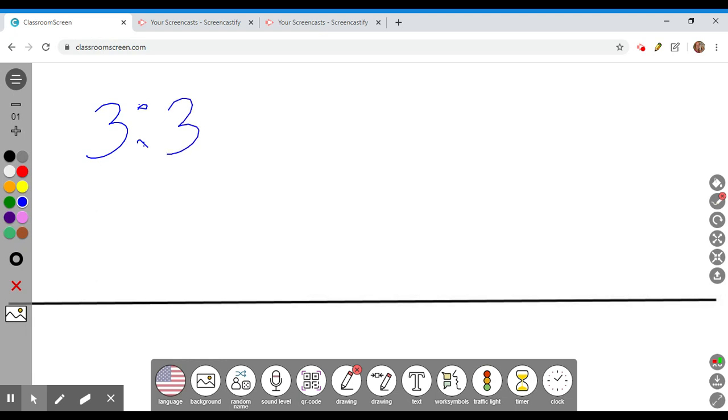So let's say 3:30 is our start time, and let's say 19 minutes is the length of time that we're moving. So why don't you pause the video, try this problem on your own, and then I'll do a quick solution so you can see the correct solution. So again, pause it and resume the video when you're done.